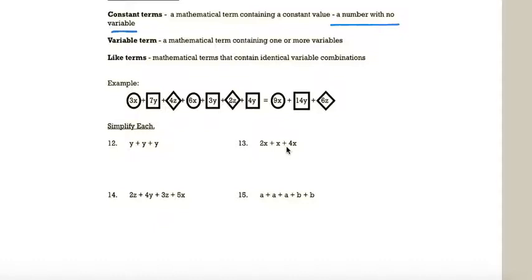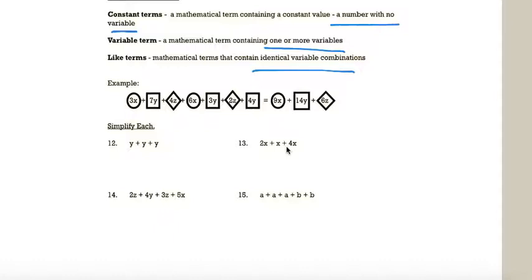It's a mathematical term containing one or more variables. Underline one or more variables. Last, we have like terms. A mathematical term that contains identical variable combinations. So you can combine x terms with x terms and y terms with y terms, and for example, z terms with z terms.